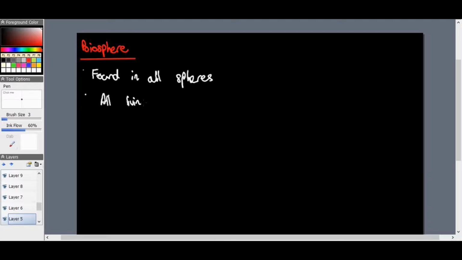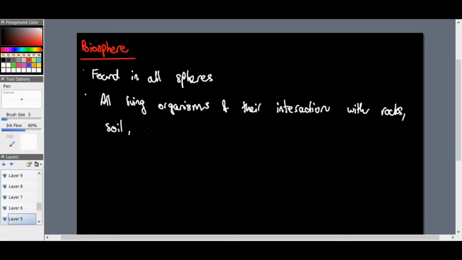All living organisms, and their interaction with rocks, soil, air, and water. All of this equals the biosphere.